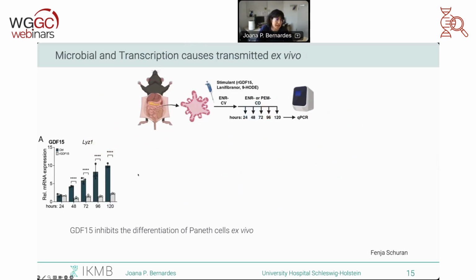The first thing we saw is that once you add the recombinant GDF15, there is a decrease in LYZ1. LYZ1 is the marker that we have for Paneth cells, because Paneth cells express LYZ1. So overall, GDF15 inhibits the differentiation of Paneth cells ex vivo.